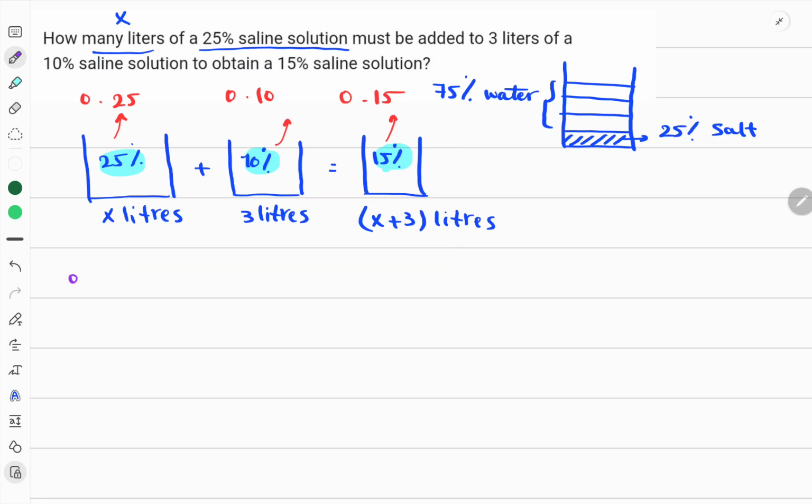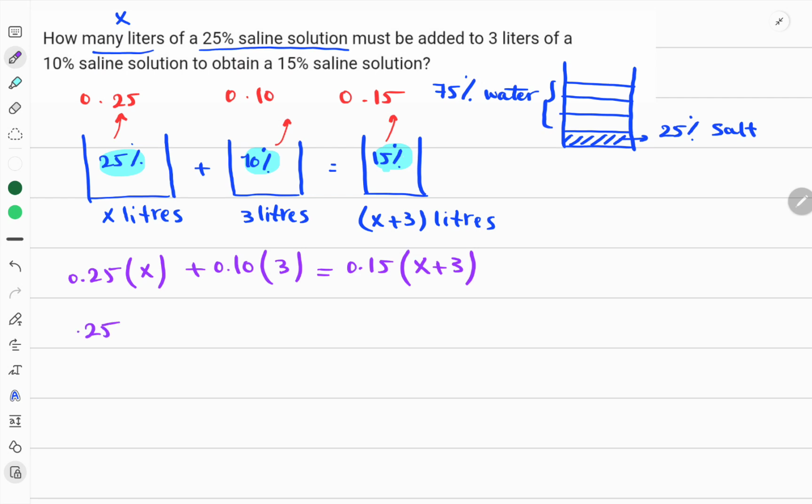Okay, so 25 hundredths of X liter plus 10 hundredths of 3 liters equals 15 hundredths of X plus 3 liters. And as you can see, the only variable is X. So after simplifying this equation, you would be able to solve for X.